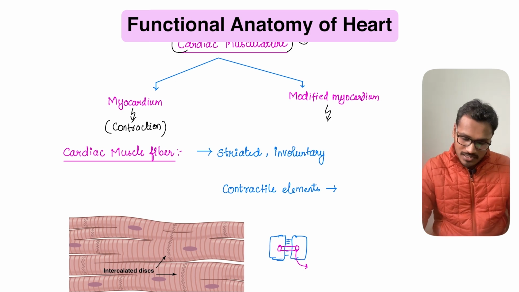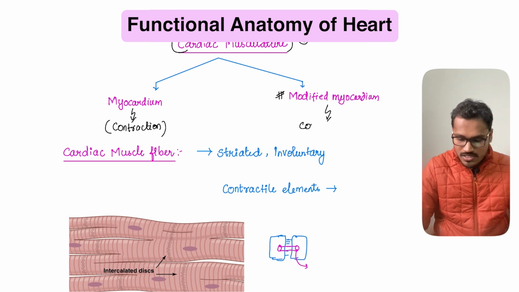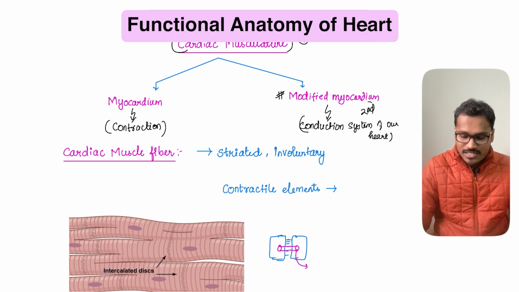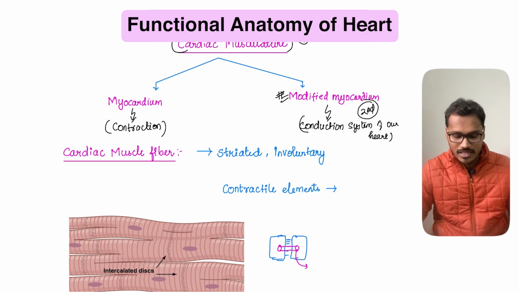So this part is called the modified myocardium. So modified myocardium is nothing but the conduction system of our heart. This will be our second lecture. I am giving hints here itself, so that when we continue the second lecture, we should know conduction system means it is the modified myocardium of the heart.